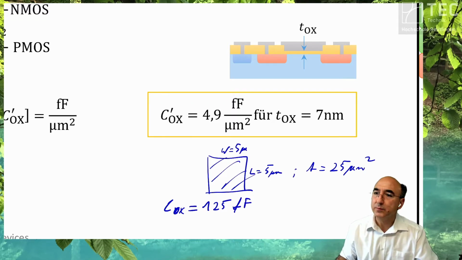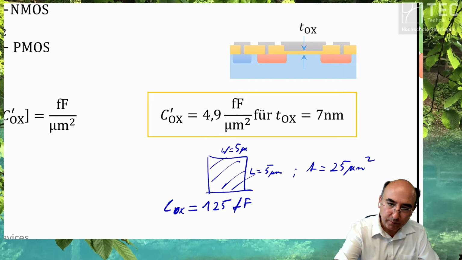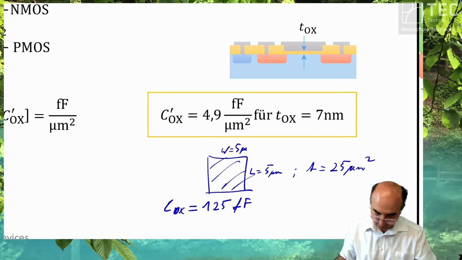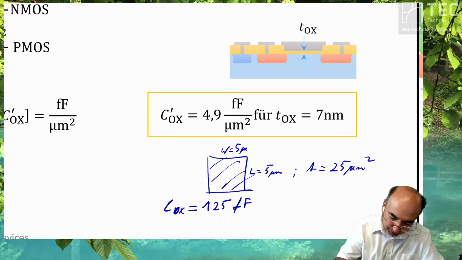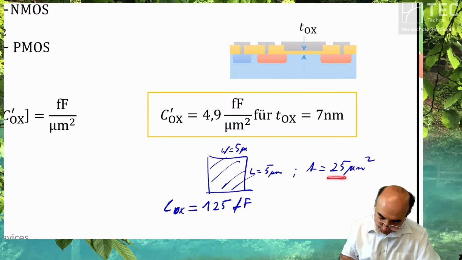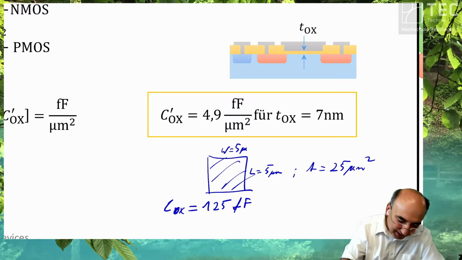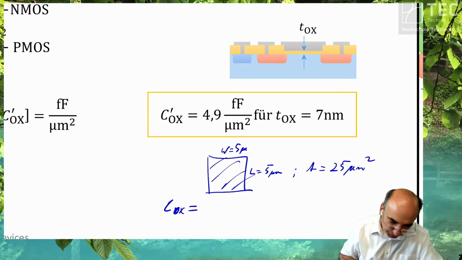Is it true? No, that's false. 10 times would be 250, and what we have is 25. Oh, that's far larger. Okay, sorry about that.